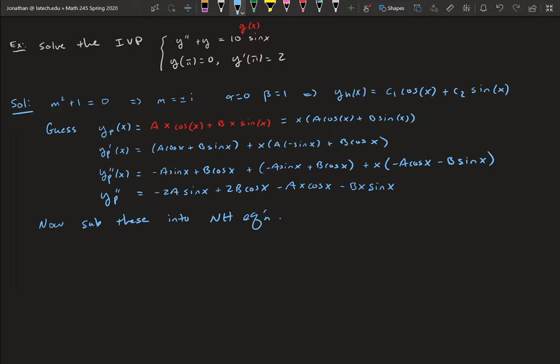And so we'll get yp double prime plus yp equals 10 sine x.